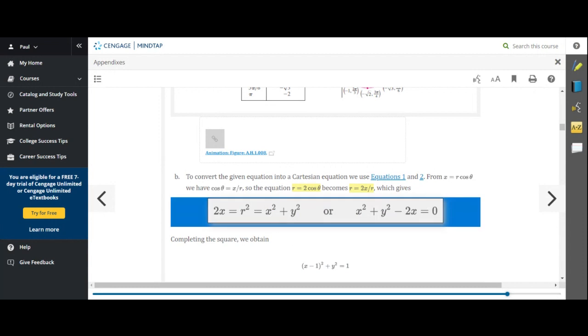If you multiply through by r, both sides, you'll get 2x equals r squared, which is x squared plus y squared. But then that's x squared plus y squared minus 2x equals 0.